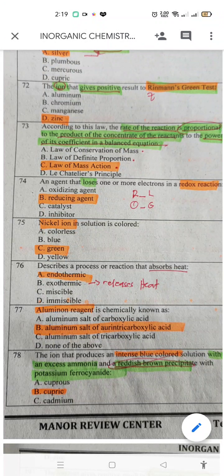So again, kapag na-encounter nyo yung potassium ferrocyanide, kapag cupric sulfate, that is your blue vitriol, and zinc sulfate is your white vitriol. Your cupric sulfate is your blue vitriol.